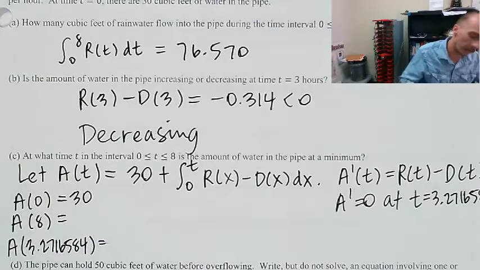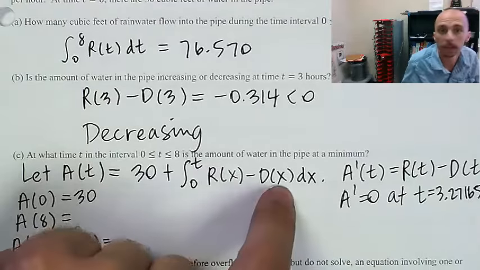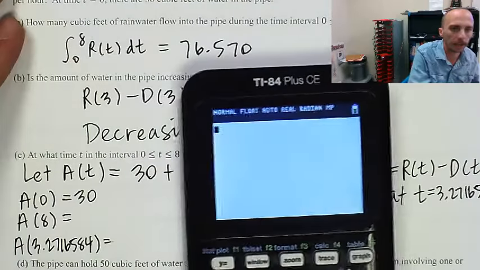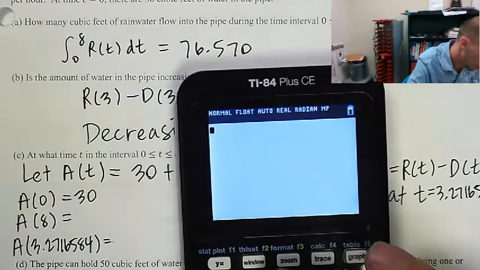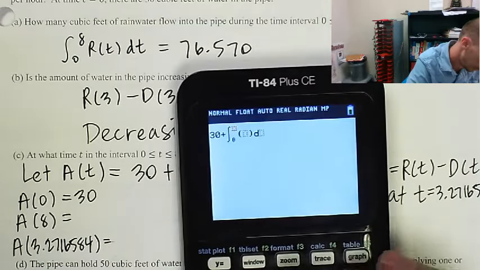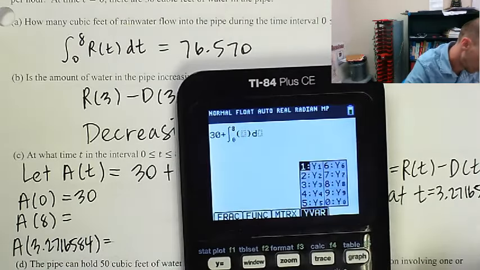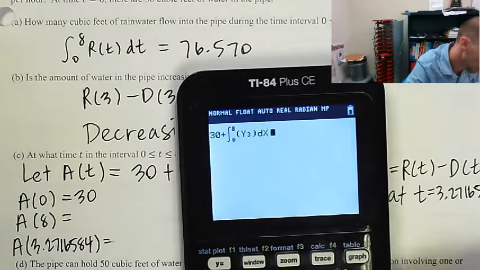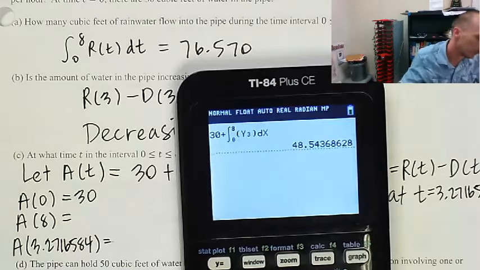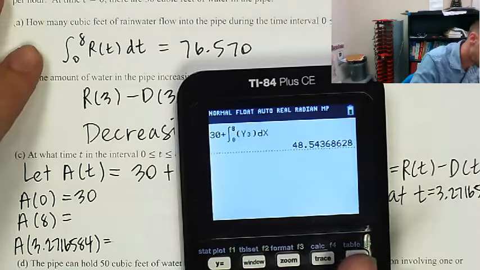So A of 8, on the other hand, I've got R minus D, that's Y3. I've got that loaded in Y3. So I'm going to take 30 and add in an integral from 0 to 8 of Y3, which is rate in minus rate out with respect to time, and I'll get 48.544.